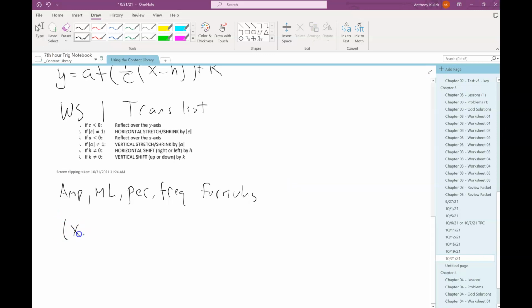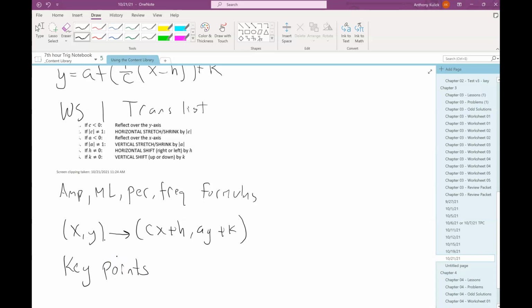I'll give you the transformation map format. And then I'll give you the key points for whatever it is I'm asking you to graph. So I don't know what else you'd have to memorize.